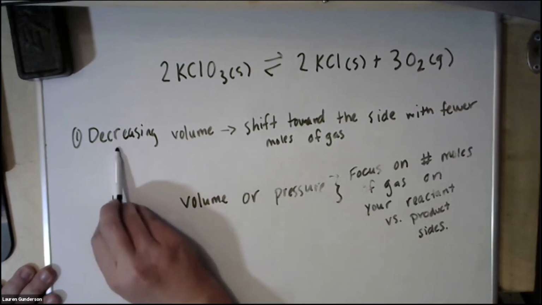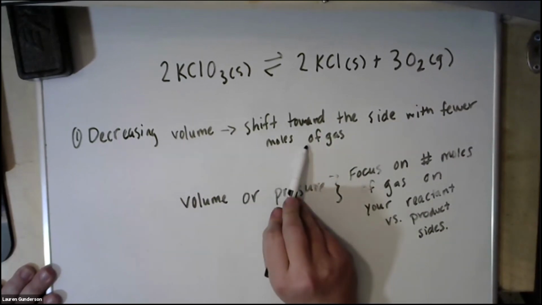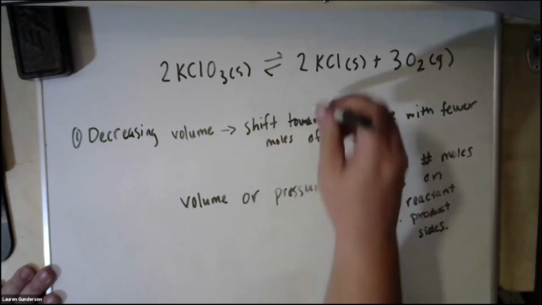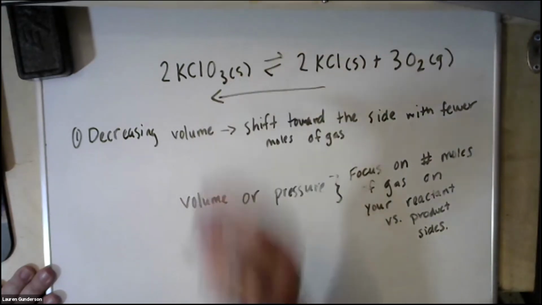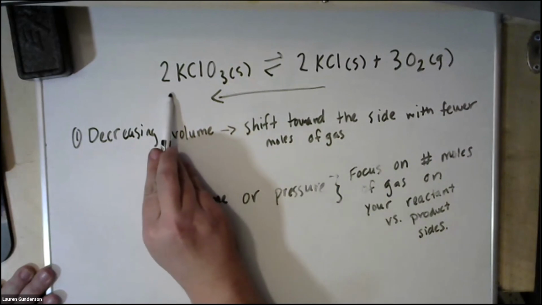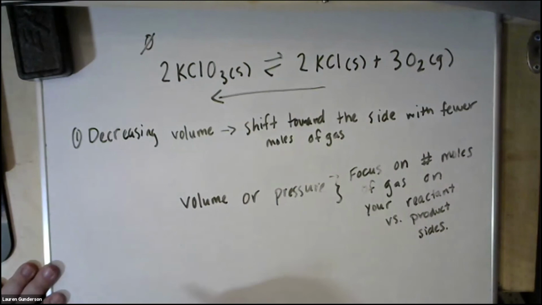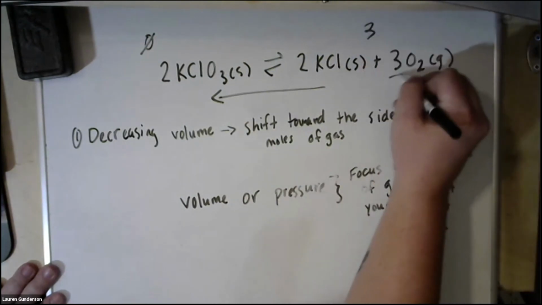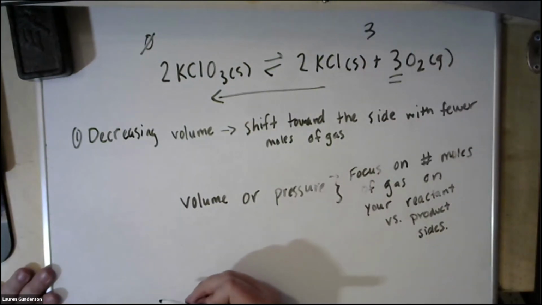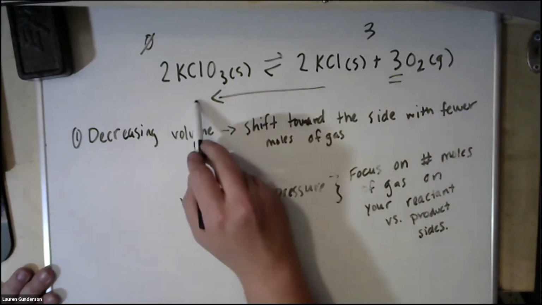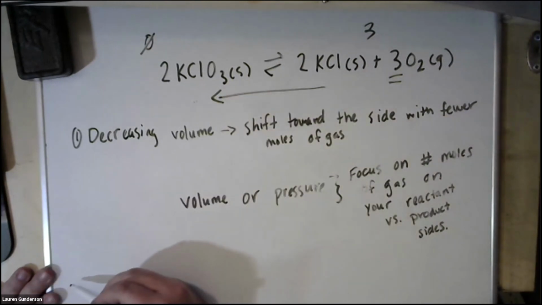We have less space, so the reaction is going to shift towards the side of the reaction that has fewer moles of gas. So we have 0 moles of gas on the left side, and we have 3 moles of gas on the right side. So our reaction is going to shift left where there are no moles of gas.